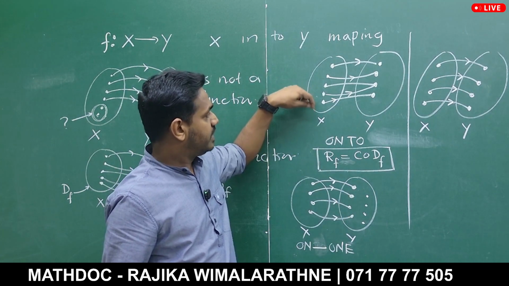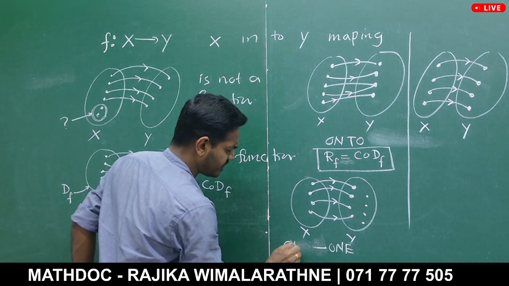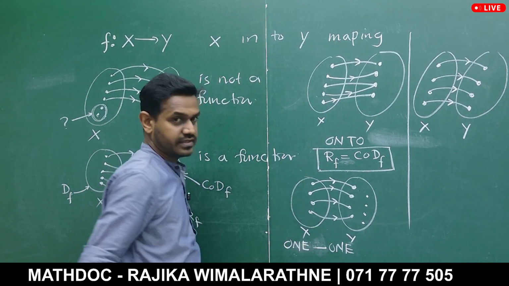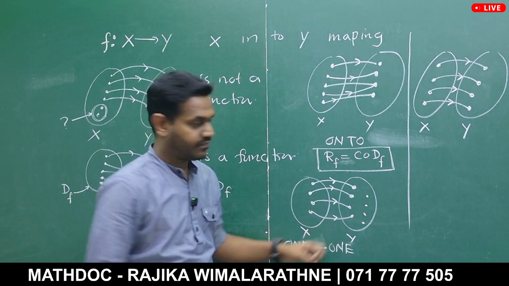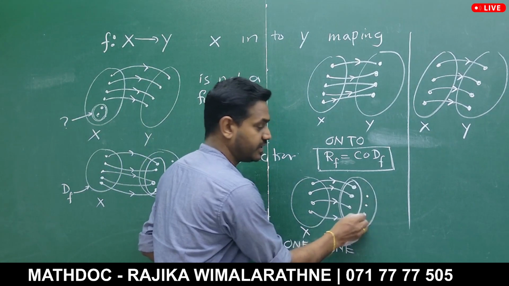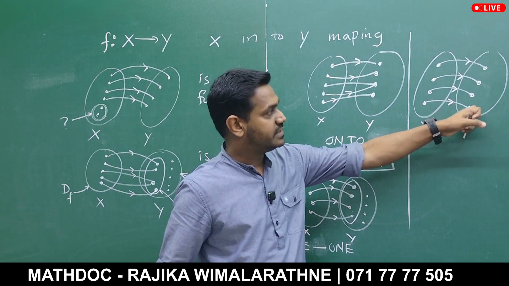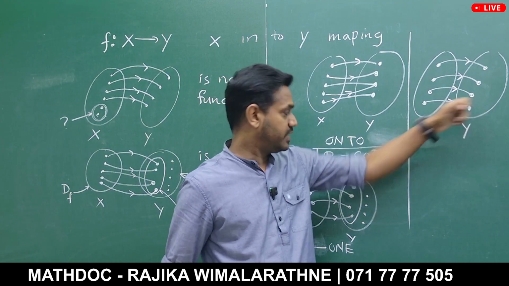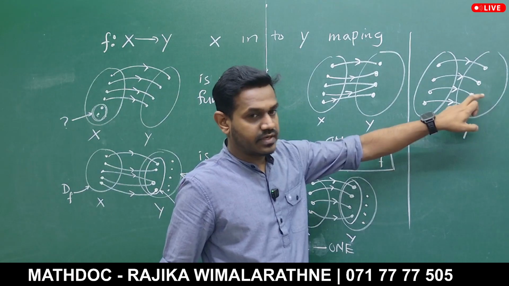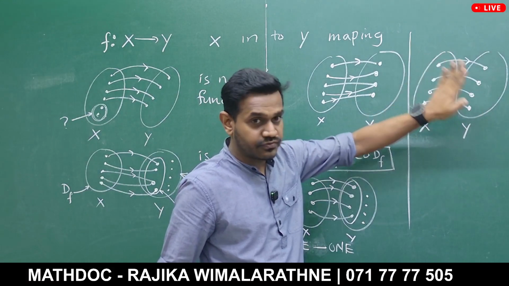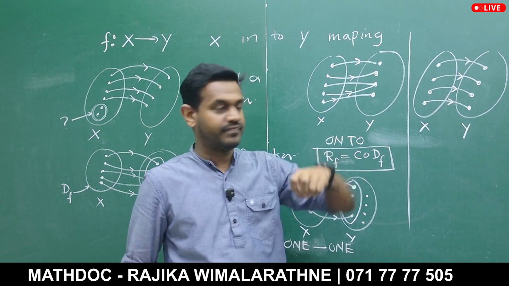So here this is onto, and this is one-to-one. But here surely this one is not onto. This is not onto, because range and codomain are different. And see this one, this is onto as well as one-to-one, no? Here range and codomain are both the same, so this is surely an onto function, as well as a one-to-one function. Both happen there, no?